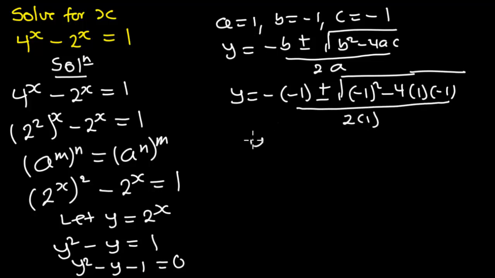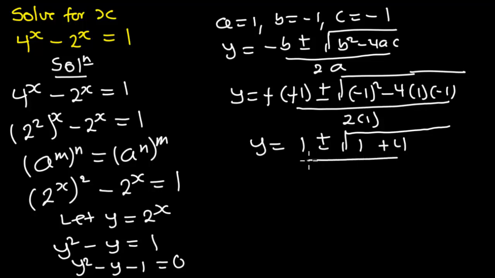So y will be equal to: negative will cancel negative, so this will turn positive. 1 plus or minus the square root of, here we have -1 squared, which is 1. Then -4 times 1 is -4. Then -4 times -1 is +4. So plus 4, all over 2 times 1 is 2.